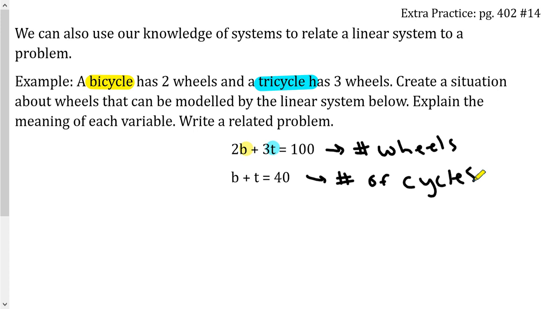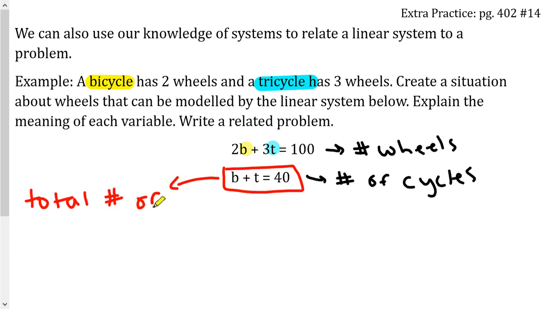They're in a school parking lot, it's great, there's lemonade stands, and so all the kids have gathered, and someone goes around and says that the total number of cycles, coming from this second equation here, is 40. So 40 kids show up to this super fun event.